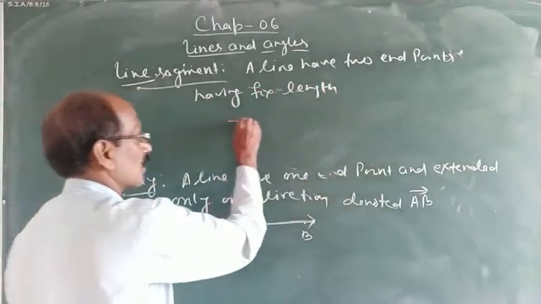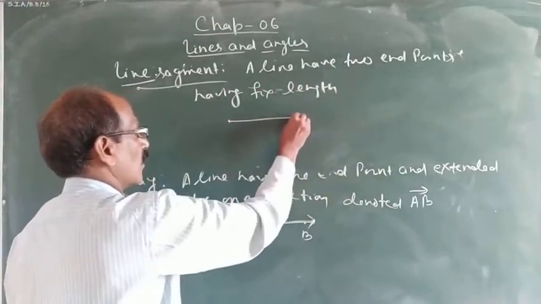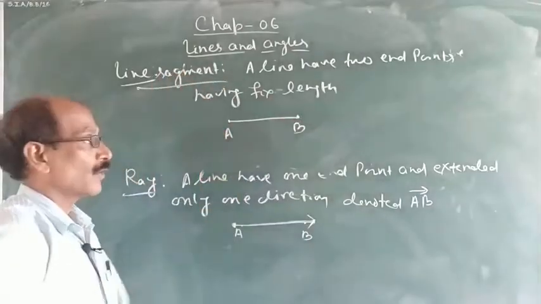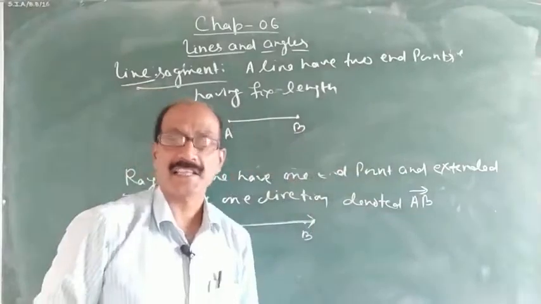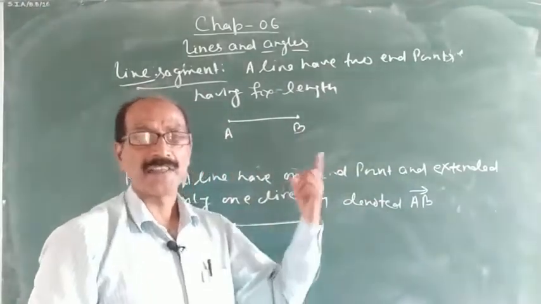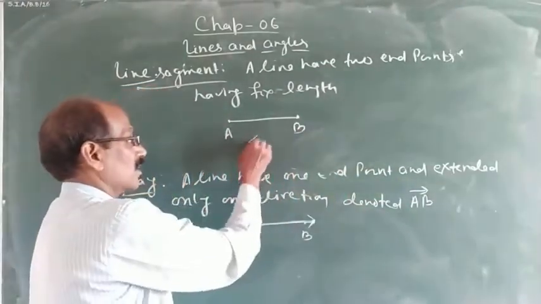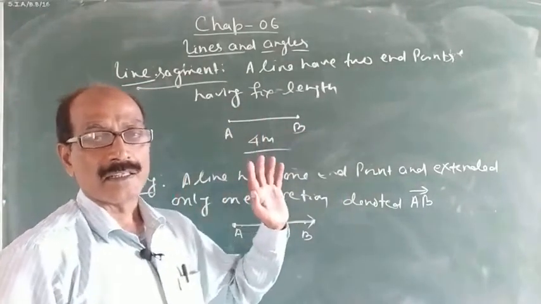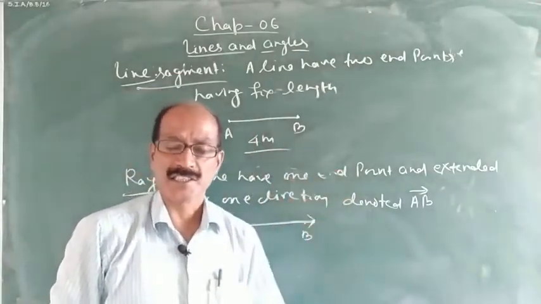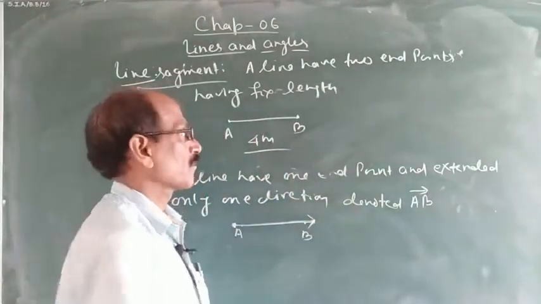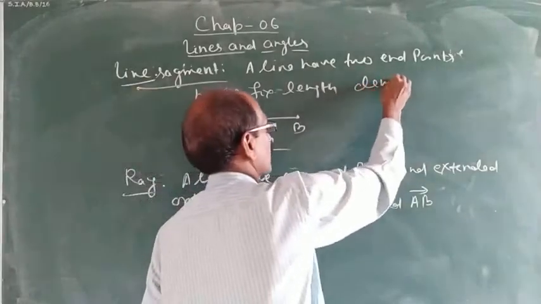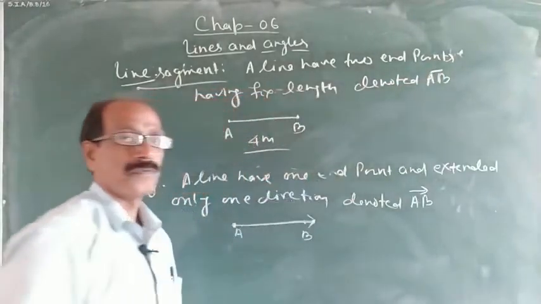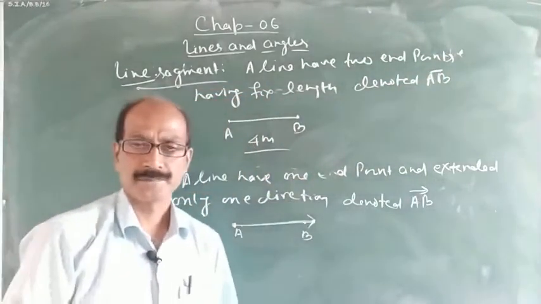That means this is the end point A and this is the end point B. No extension in any direction, neither in both directions, having the fixed length. Suppose the length of AB is equal to 4 meter, neither decrease nor increase. That means the fixed length, denoted segment AB. In this way we will denote.